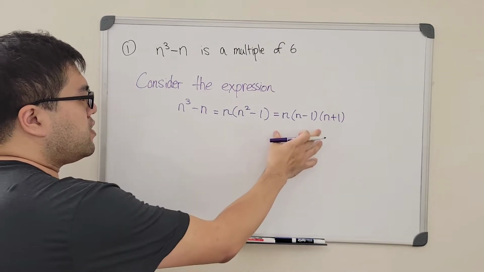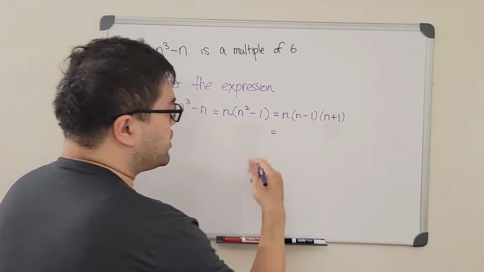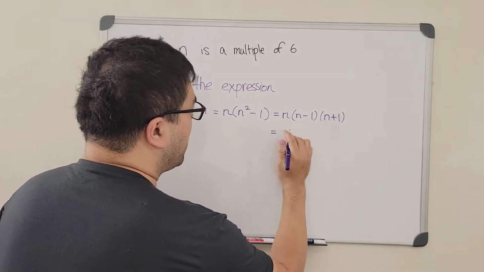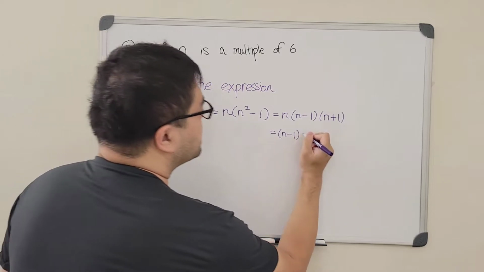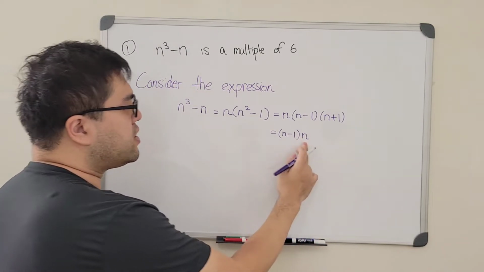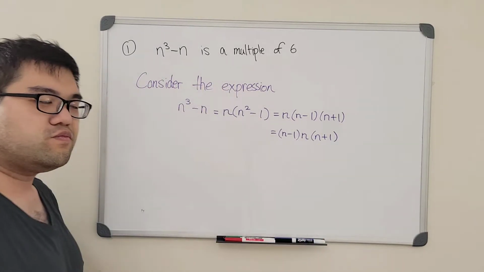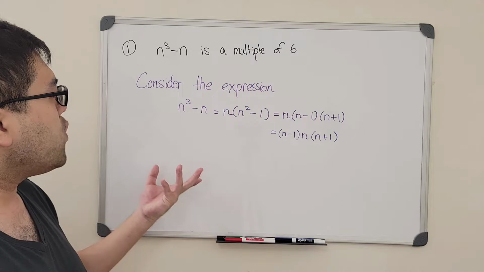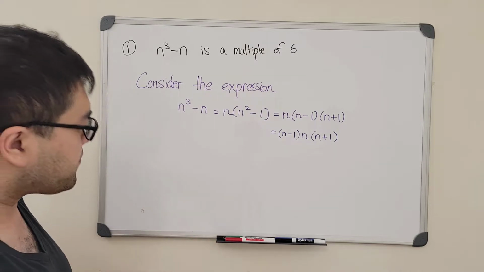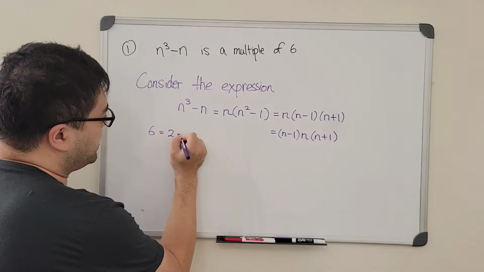Okay, great. And let's rearrange the order a little bit in increasing order. So I'll put n minus 1 first, then times n, times n plus 1. Excellent. So what can we do next? Well, we can write 6 as the product 2 times 3.